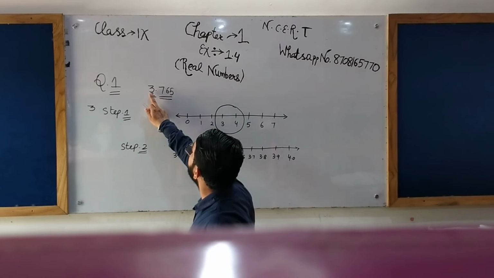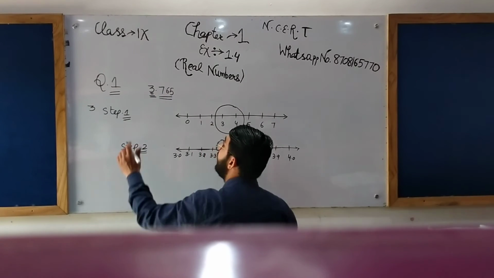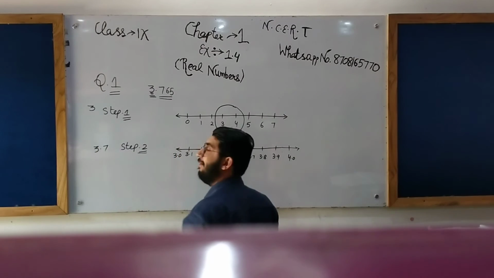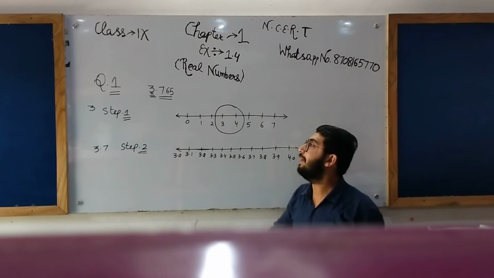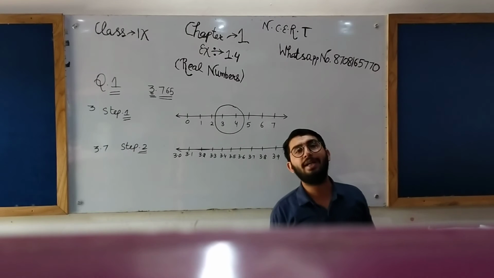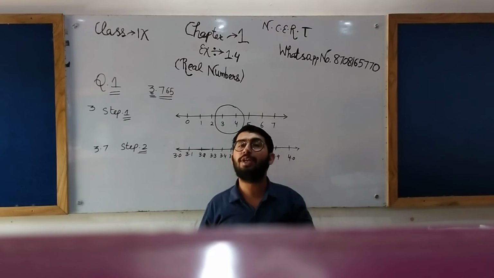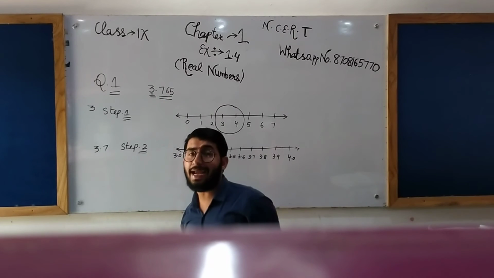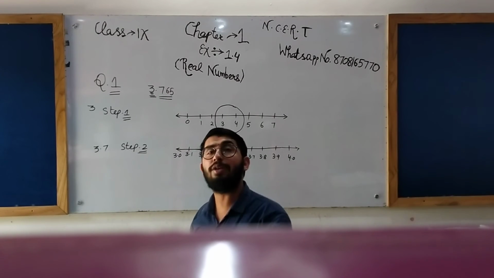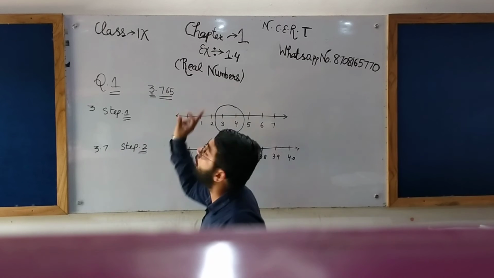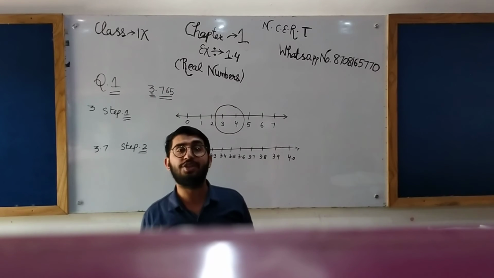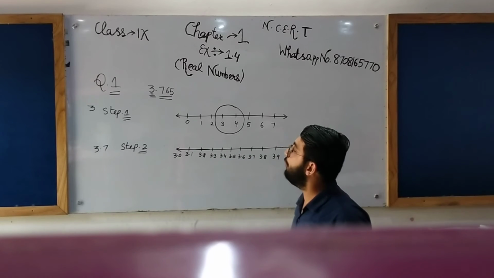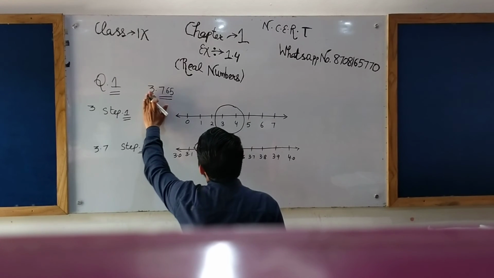Now, in step 2, I am with 2 digits. It was 3 first, but now it will be 3.7. Now I am to look for 3.7. But this number is not exactly 3.7. It is more than 3.7 because after 3.7, 2 digits are there: 65. So I have to go through 3.7.